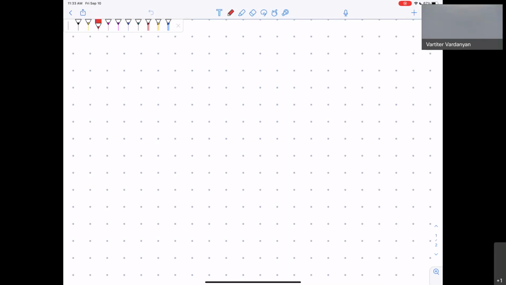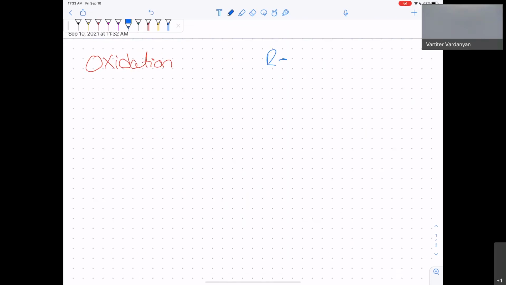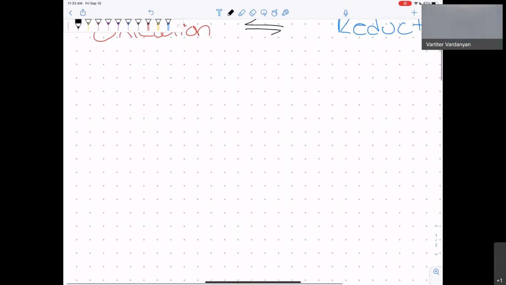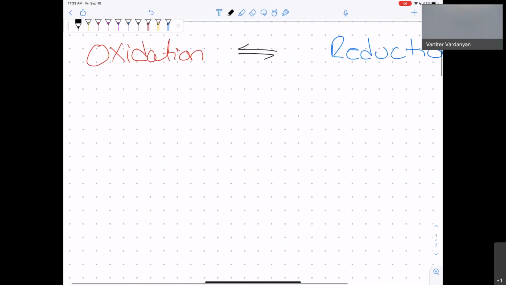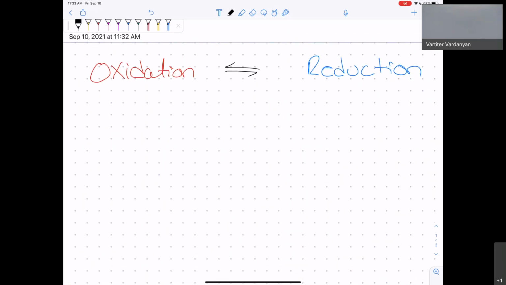Let's do oxidation. These two are actually two sides of the same equilibrium. When you do an oxidation reaction, you're making more bonds to oxygen.